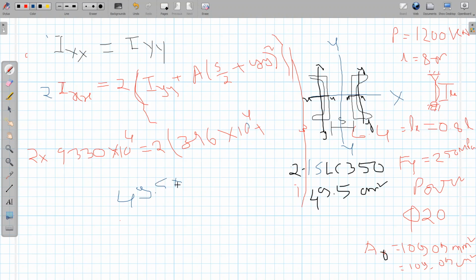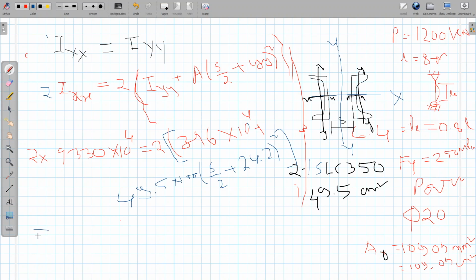If you want millimeter square, multiply it by 100, into S by 2, S we do not know, plus the CYY value given in the code book, 24.2 mm. This squared, and then the whole bracket.